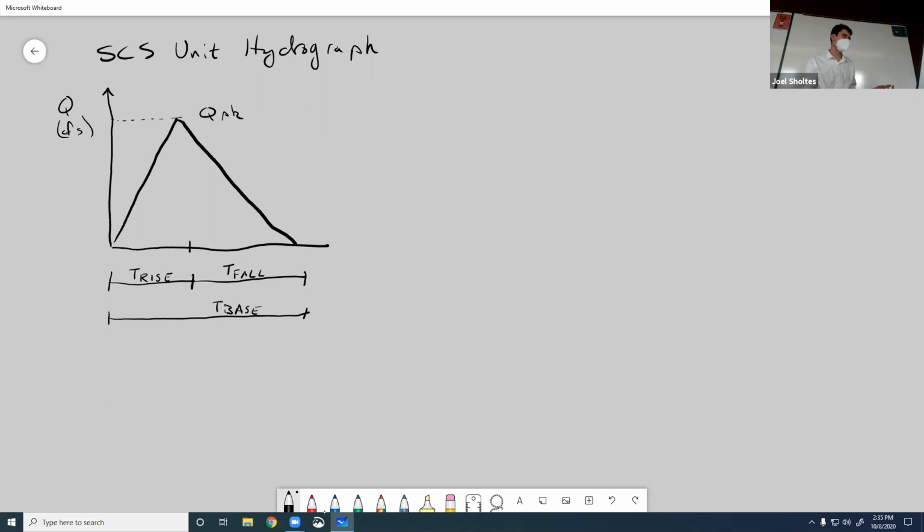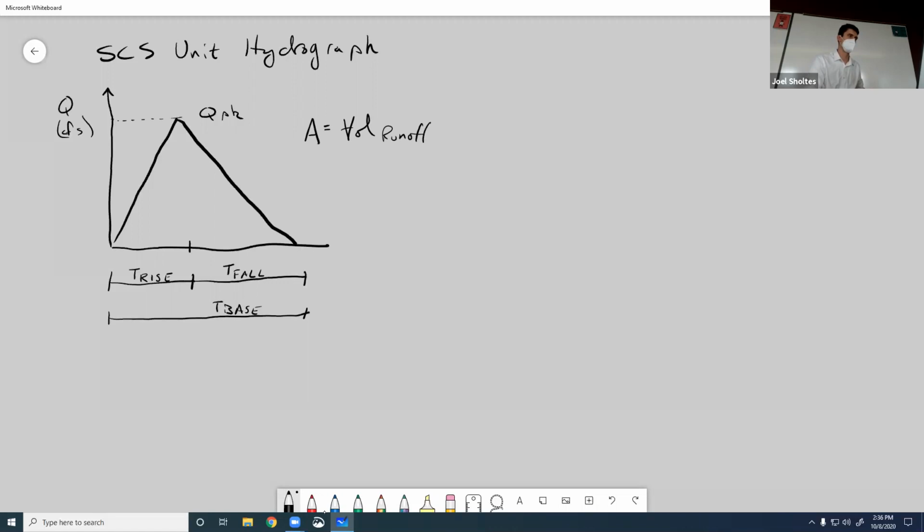And so with this unit hydrograph, we don't actually need to know much information other than basically the time to rise. We need to know the relationship between the rise and fall times and how to estimate the peak discharge. And we can use some basic geometry here. The area of this hydrograph is also going to be the volume of the runoff.